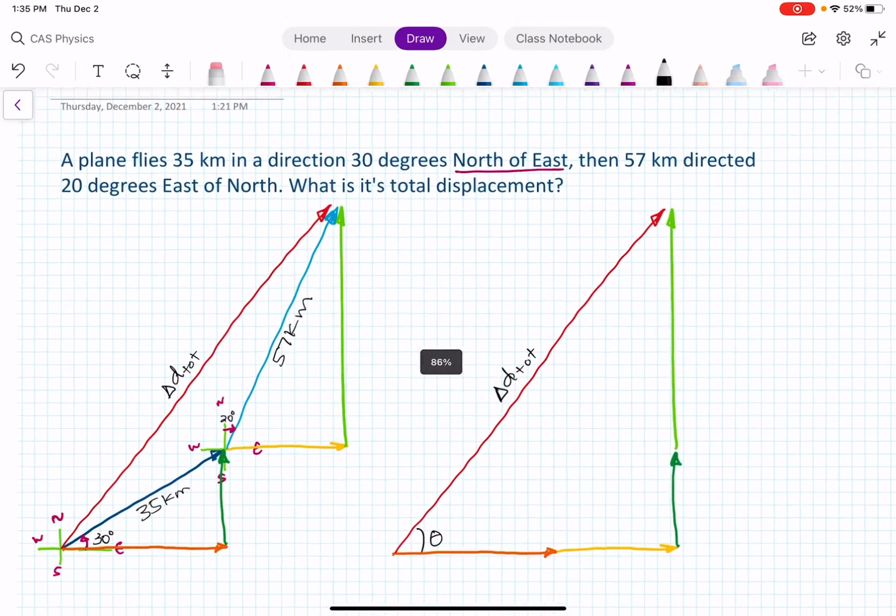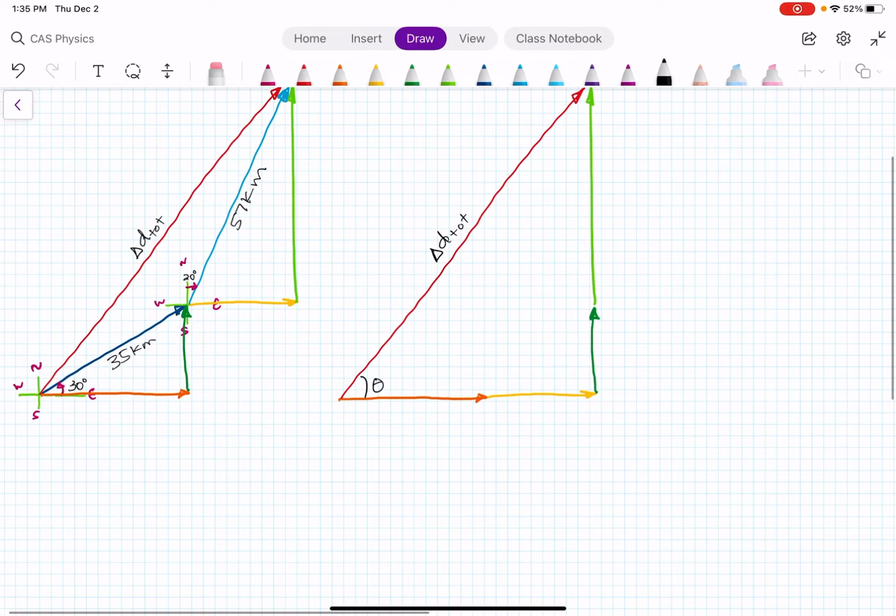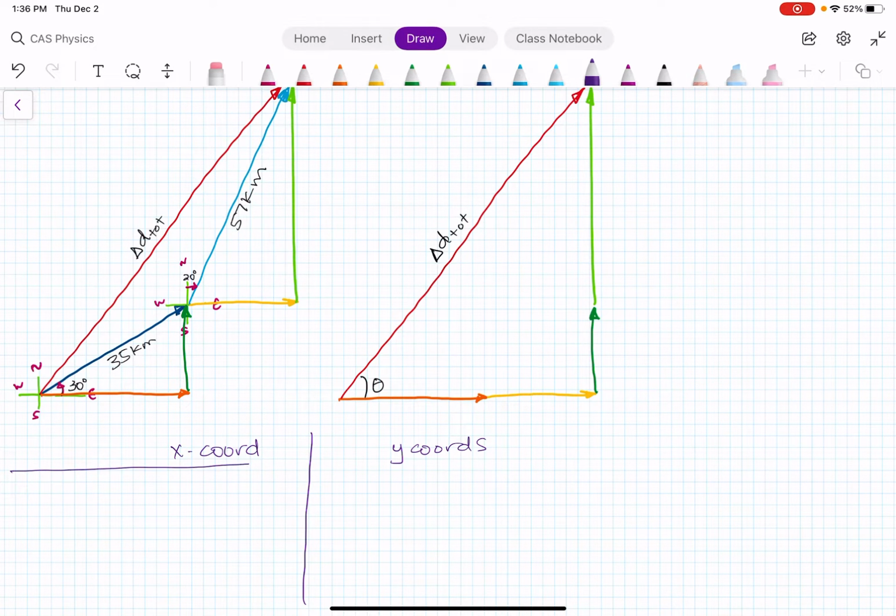All right, so I'm going to shrink this down a little and move it up so that we can set it up in terms of the X and the Y coordinates. So if I do this like this, I can say X coordinate and then Y coordinates. And what I'm going to do is set it up for each of the vectors.